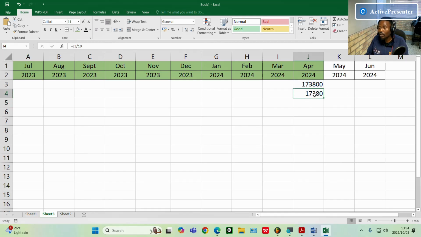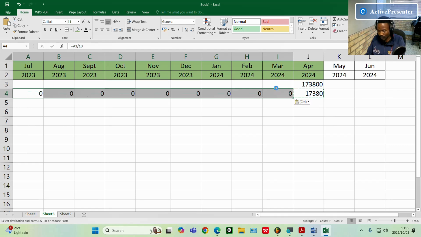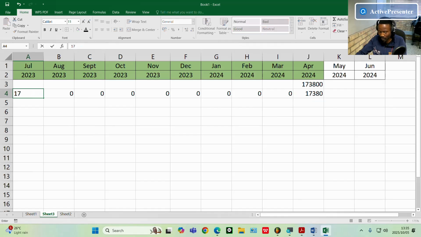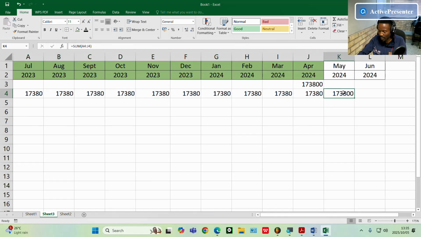So we actually pay 17,380 per month for salaries. If you don't believe me, when you add this together, I'm just going to do auto sum so you'll see. Yes, it is 10 months.